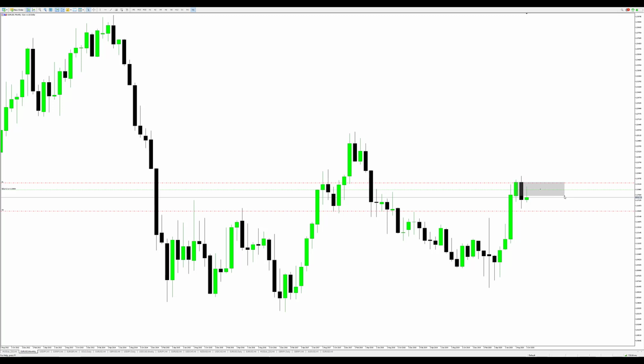That was clearly defined by this bearish candle here. So this candle is now our bearish order block, meaning we're going to be hunting for short trades in this price action, right?